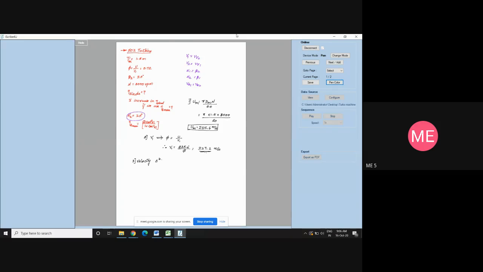To draw the velocity triangle, we want the scale ratio. What is the scale ratio supposed to be? You can take U mean or V1.